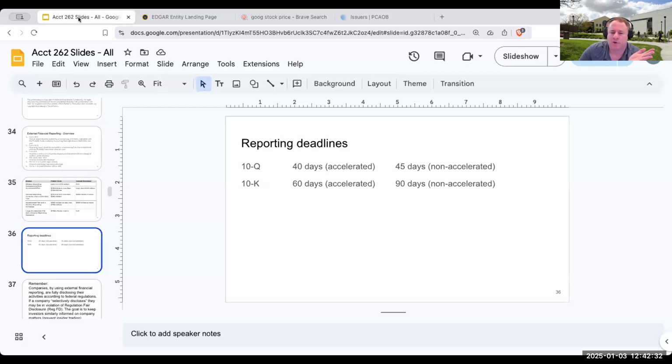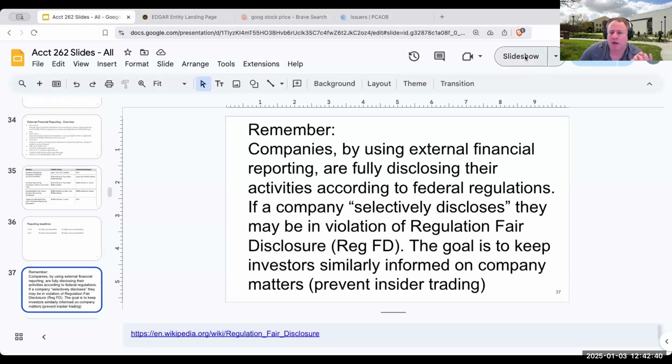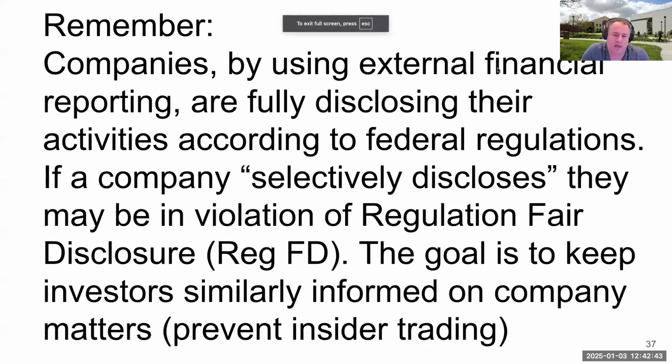Again, those are examples of looking at whether someone is an accelerated or a non-accelerated filer. This is the important thing I want you to take away from all of this: when you decide to become a publicly traded company, everything is generally open to the public. You want to avoid selective disclosure. What I mean is, if I tell something to one investor, I need to make sure I'm sharing it with everybody.